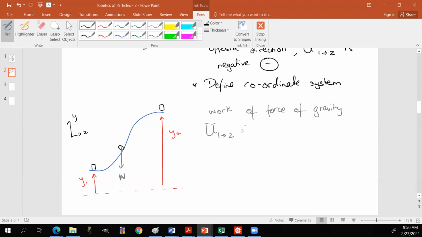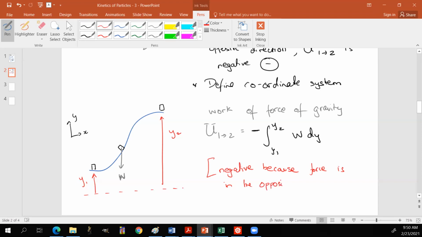All right? So this is going to be minus, and you're integrating from position 1 to position 2, W times dy. And here, the note is that it is negative because the force is in the opposite direction to the displacement, right?